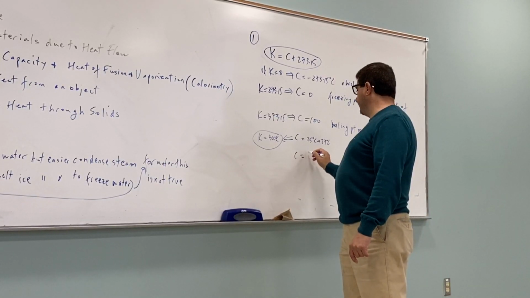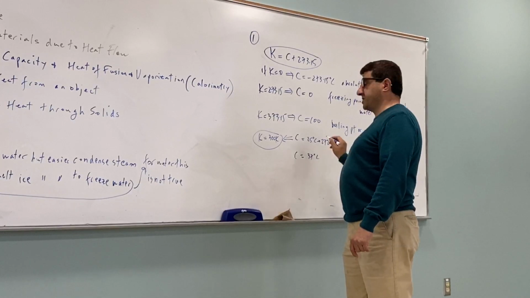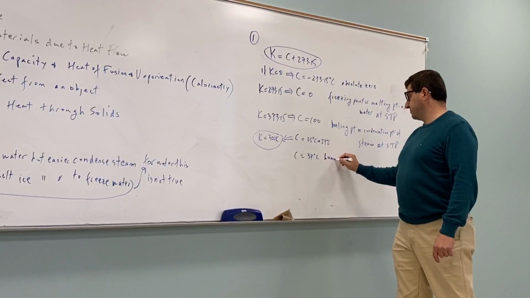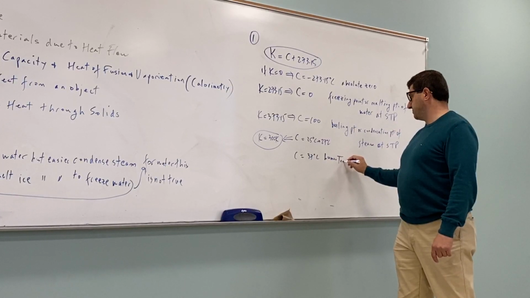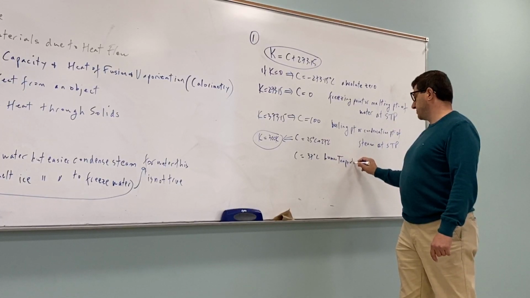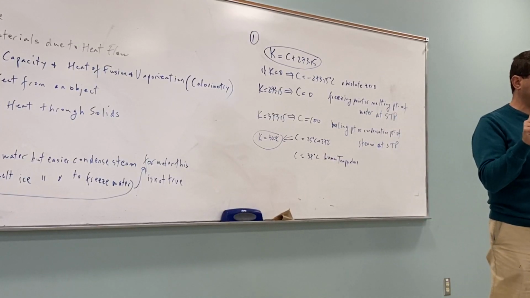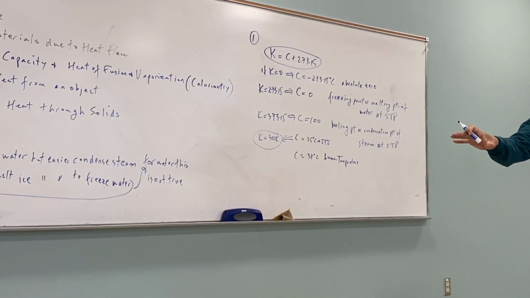The human body is 37 Celsius. So human temperature. So that means we are about 10 Celsius warmer than the room temperature usually.